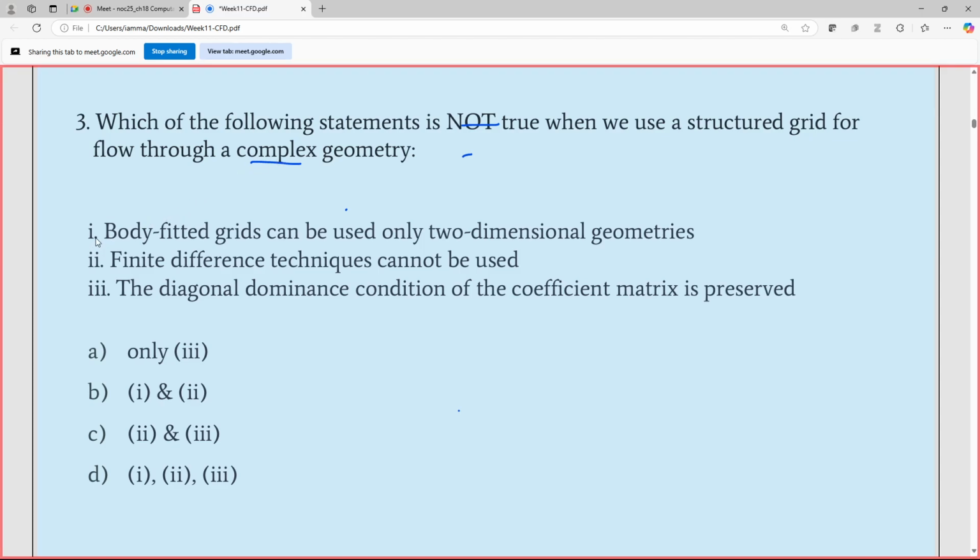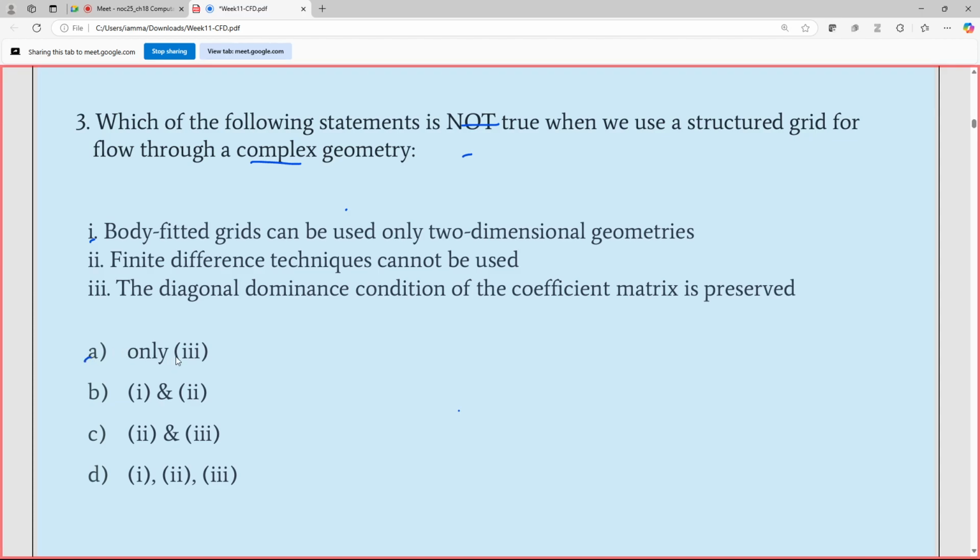The statements are: first statement, body fitted grids can be used only on two-dimensional geometries. Second, finite difference techniques cannot be used. Third statement, the diagonal dominance condition of the coefficient matrix is preserved. Which of the following statements is not true when we use a structured grid for flow through a complex geometry?